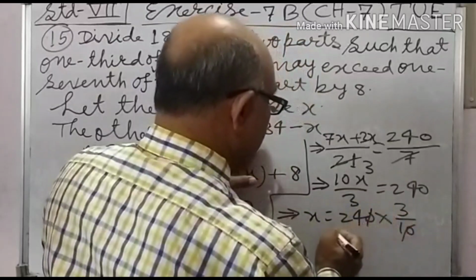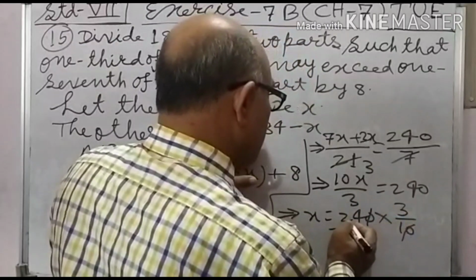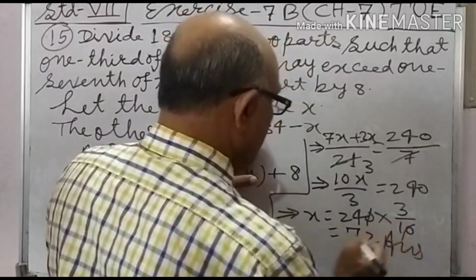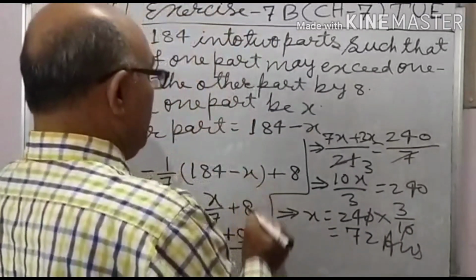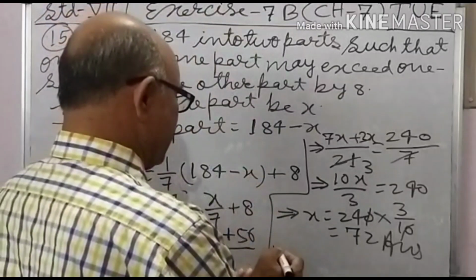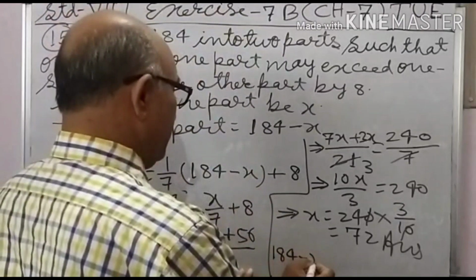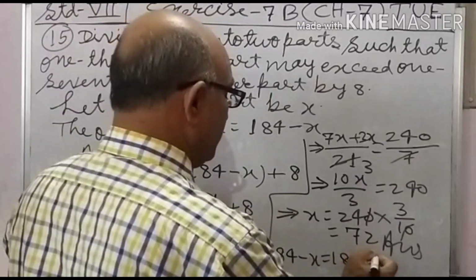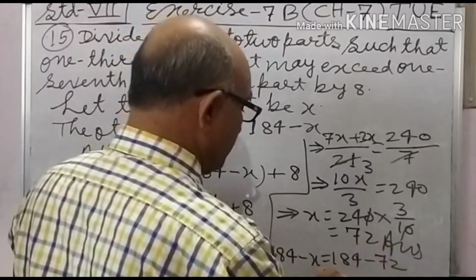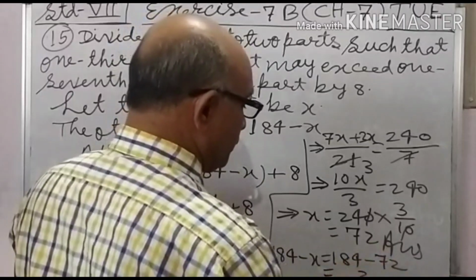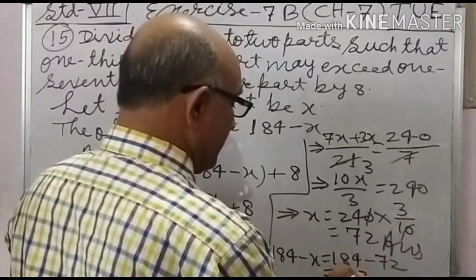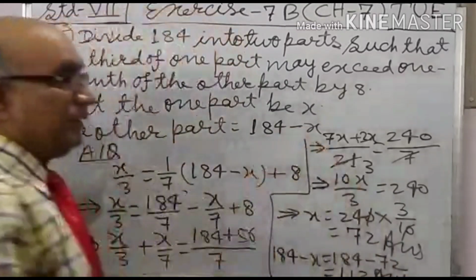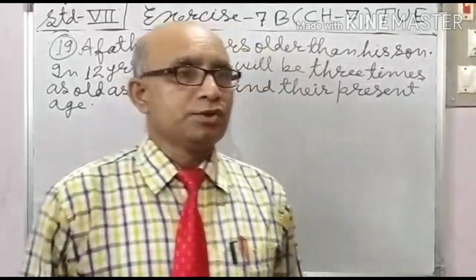So 0 and 0 cancel. 24 times 3 is 72. Answer. That is one number. The other number is 184 minus x, that means 184 minus 72 equal to 112. Answer. Write it. Next question.